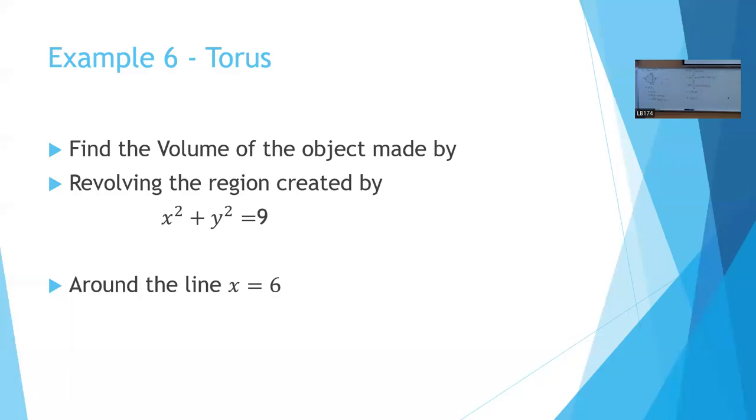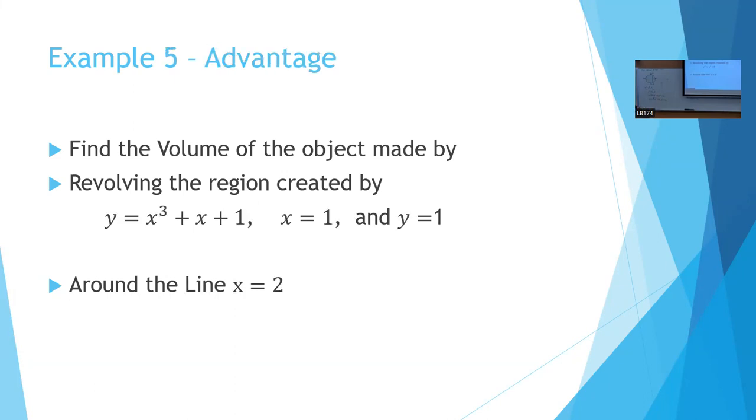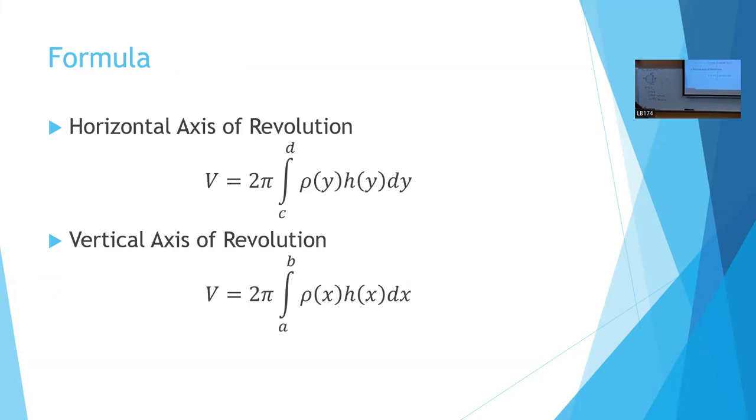Okay. So that is the last example in 7.3. Hopefully we've done enough shell method examples that we can feel comfortable moving forward using one of these integrations, right?